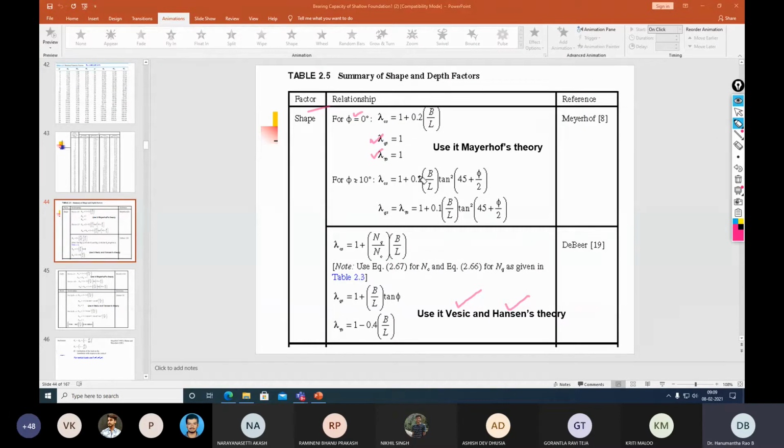So in this case, you can see for pure cohesive soil how to determine the shape factor when you use Meyerhof's theory or Vesic's or Hansen's theory. And if phi is greater than 10 degrees, then these are the equations you are supposed to use for calculation of the bearing capacity.